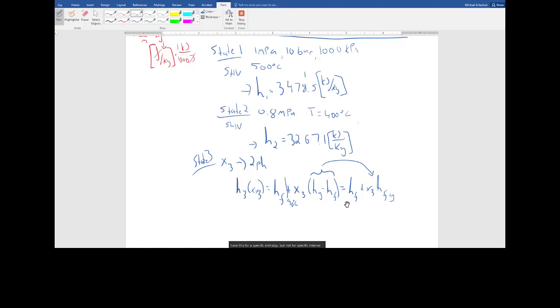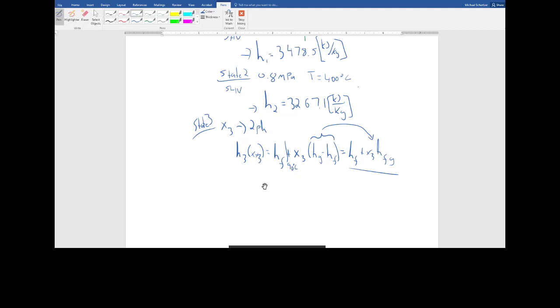So I'm going to use this because it's one last thing to put in my calculator. HF was 376.9 kilojoules per kilogram, plus 0.9, which has no units, that's my quality, times 2283.2 kilojoules per kilogram.